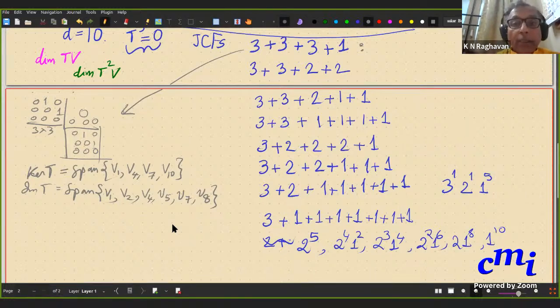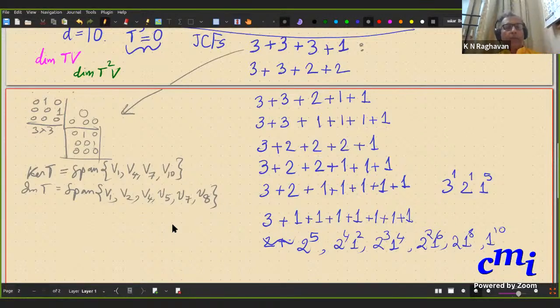But in this case, everything is very specially arranged, so you can do all these counts very easily. Just like for row reduced echelon form, the rank is just the count of non-zero rows. That's it. Similarly, the Jordan canonical form enables you to do all these counts very easily. That's the whole point.